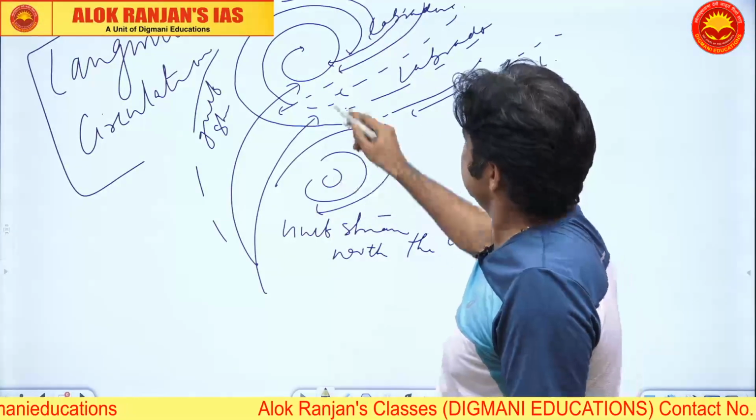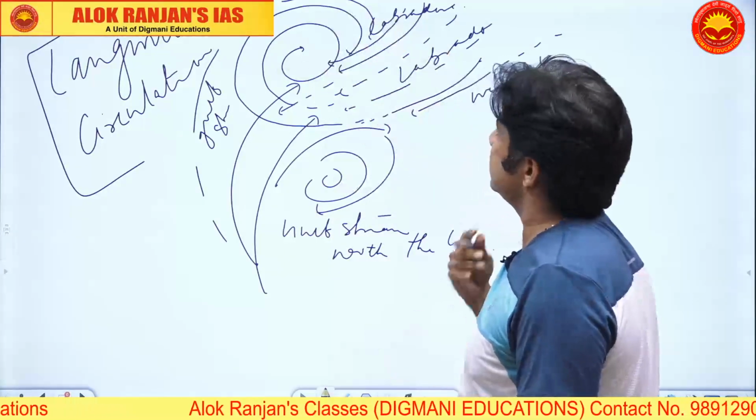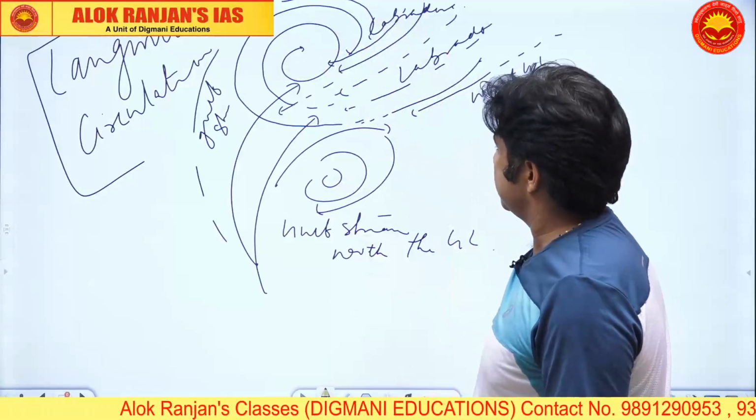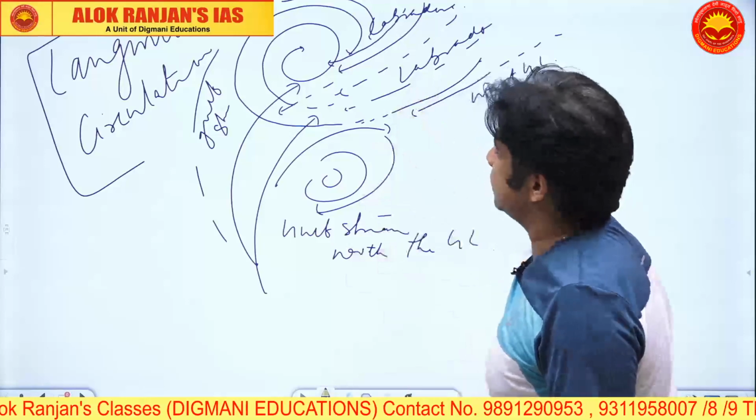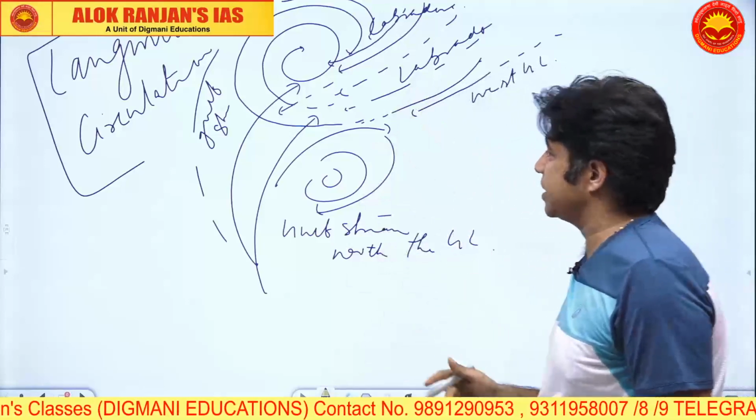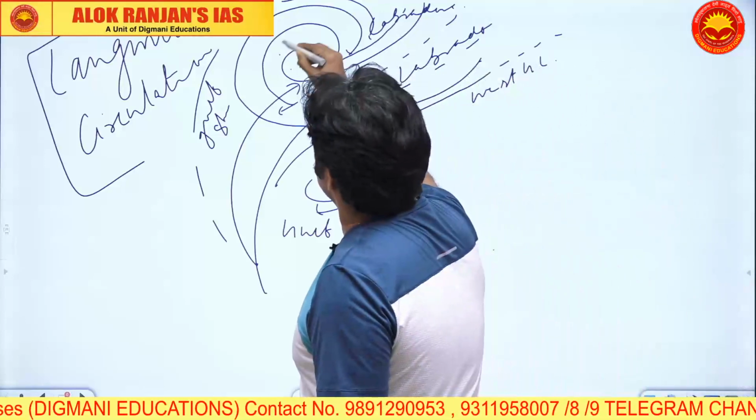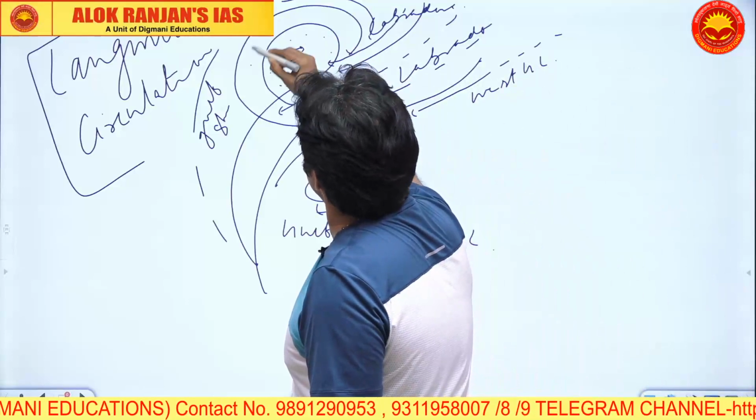These whirls are the larger eddies. This is the flow pattern of your Labrador. This is the mixing pattern of your Labrador with the Gulf Stream, and this is going to be the fishing belt.